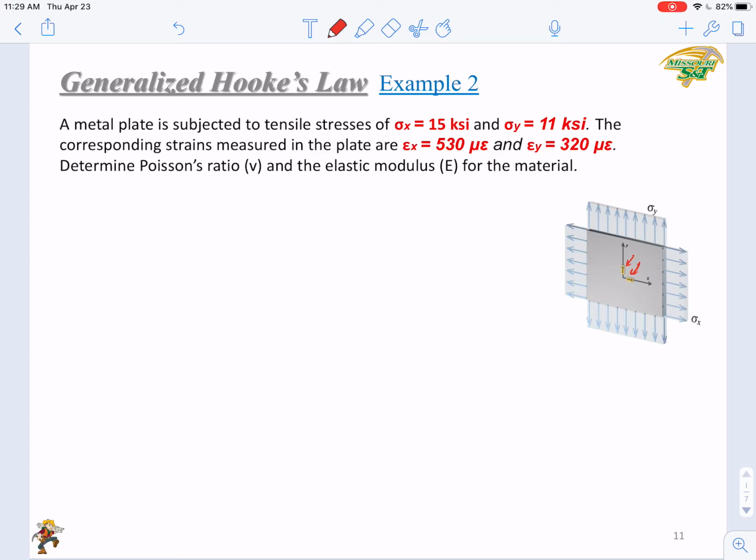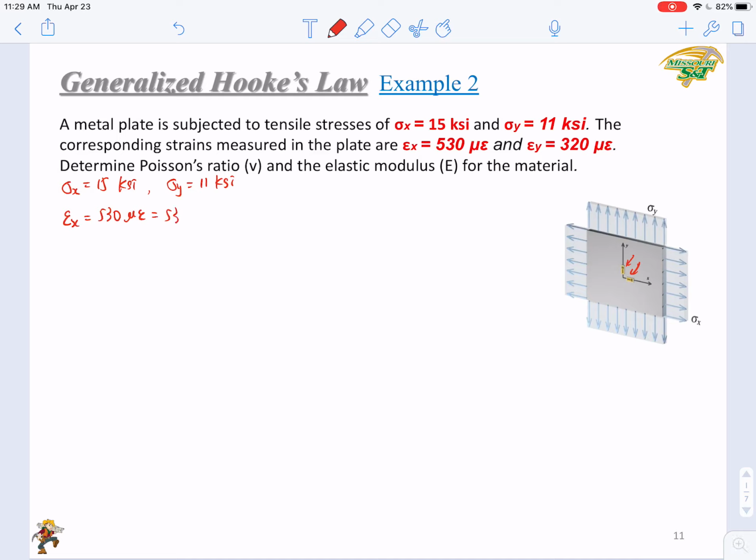Okay, the stress along X direction, 15 KSI. And that along the Y direction is 11 KSI. And epsilon X, the strain along X direction, is 530 microstrain.